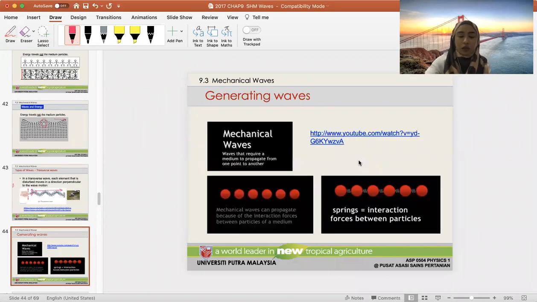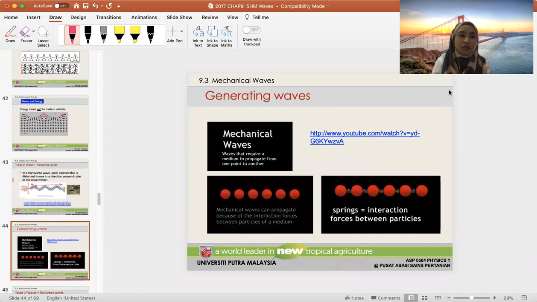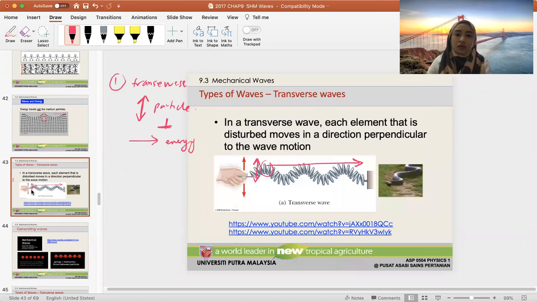Okay, kalau dia bergerak sekali, then the spring is not in your hand dah lah. Dia dah pergi merata, dah jadi snake. So that's not possible. Okay, so that is the first one. The particle moves up and down, the energy goes forward. They are perpendicular to each other, so we call this a transverse wave.